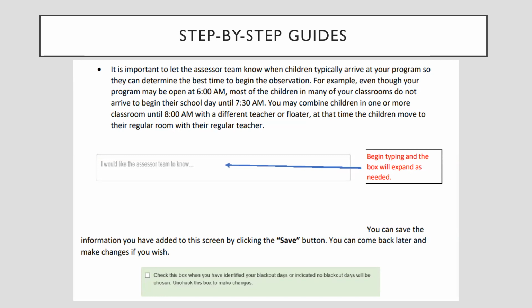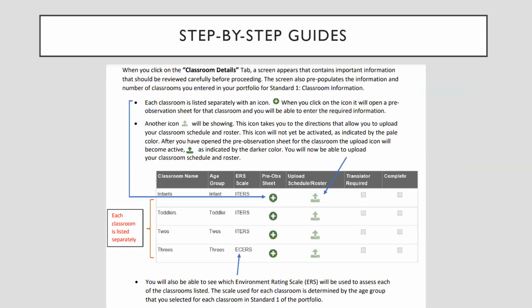Example: typical arrival time of the children, parking instructions. Do they need to wear a mask in the classrooms? Do they need to wear socks in the infant room? There is also guidance on uploading schedules and rosters and completing the pre-observation sheets for each classroom.